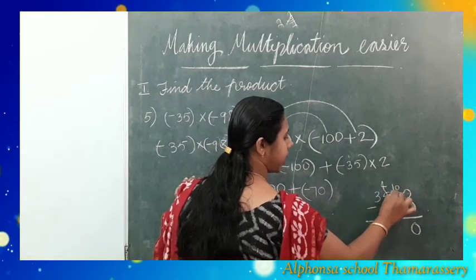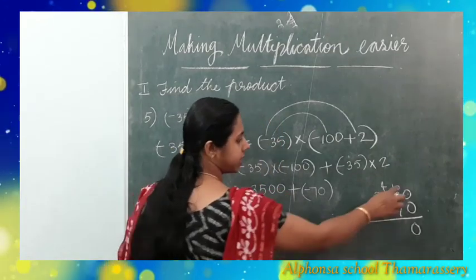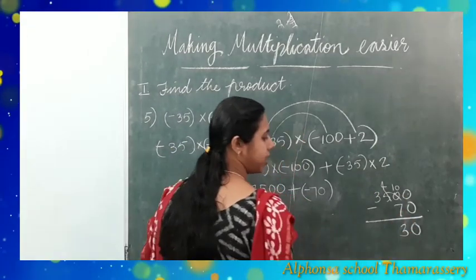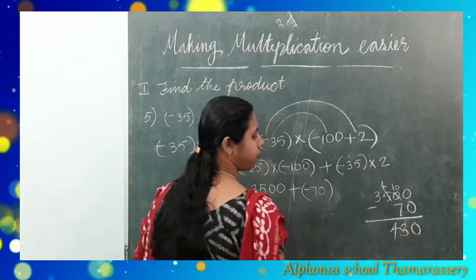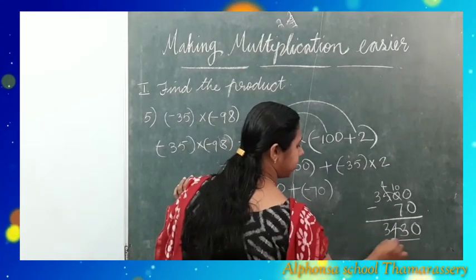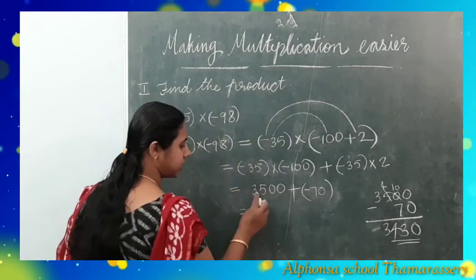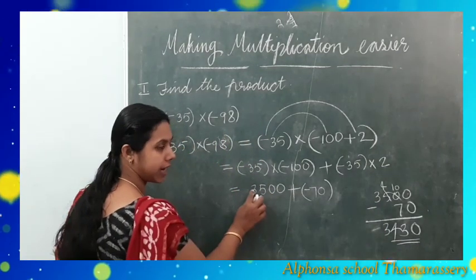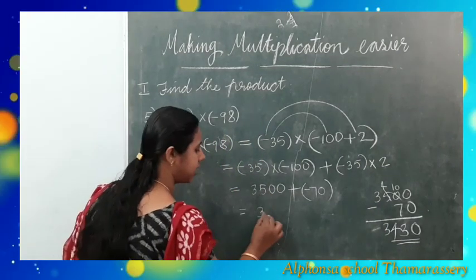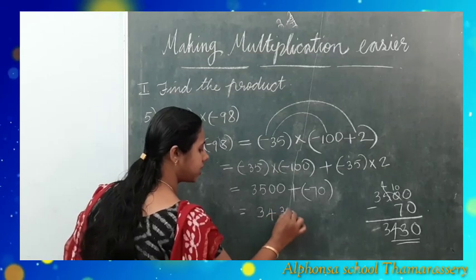Here it is 10, here it is 4. 10 minus 7, 3. 4 minus 0, 4. 3 minus 0, 3. The sign is positive because the bigger number's sign is positive. So the answer is 3430.